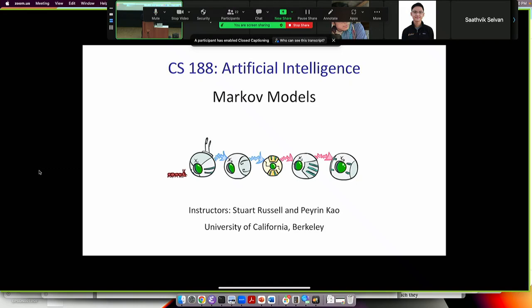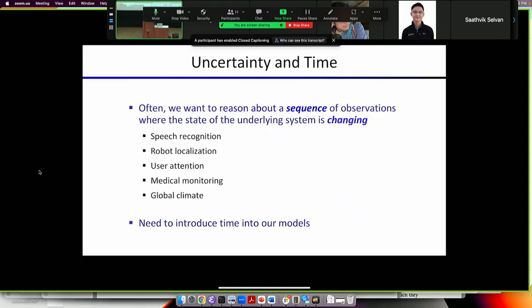All clear? Good. Okay. So Markov models are what happens when you're dealing with modeling a system that's changing over time. We saw something similar when we wrote down propositional logic for the Pacman world, right?